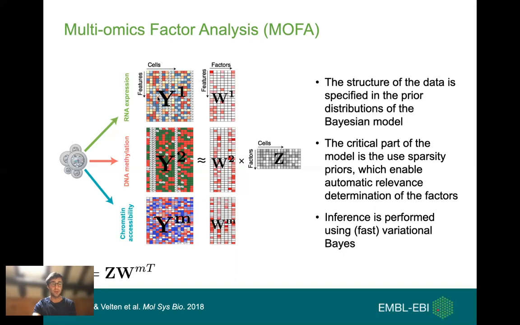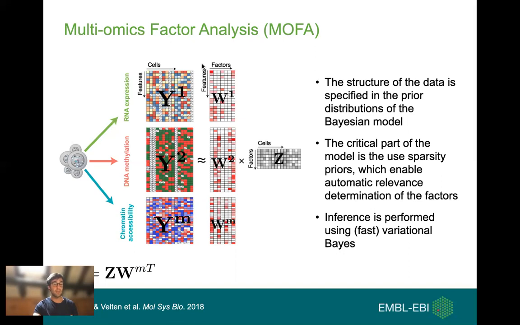All right, so starting from this set of matrices Y, it's going to perform dimensionality reduction across all of the matrices at the same time. It uses all information from all of the matrices to learn a set of latent factors, which are captured in this matrix Z. That's almost analogous to NMF, to matrix factorization. Now you can see that what the model is going to infer, to connect the high dimensional space with the low dimensional space, is a set of matrices W, which are of dimensions features times factors.